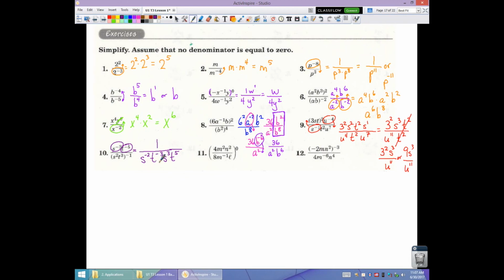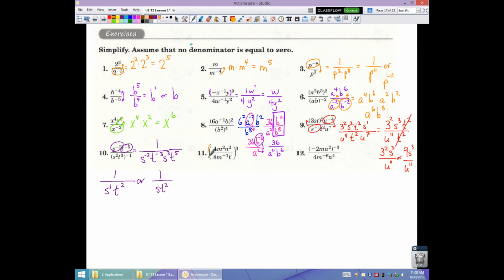Now I can either simplify these t's and s's as they are in the denominator: s to the negative 2 times s to the 3rd, negative 2 plus 3, is s to the 1st, and t to the negative 3rd times t to the 5th, negative 3 plus 5, is t squared. Or I could have moved the s and t that had negative exponents to the numerator and then simplified with the quotient of powers rule.